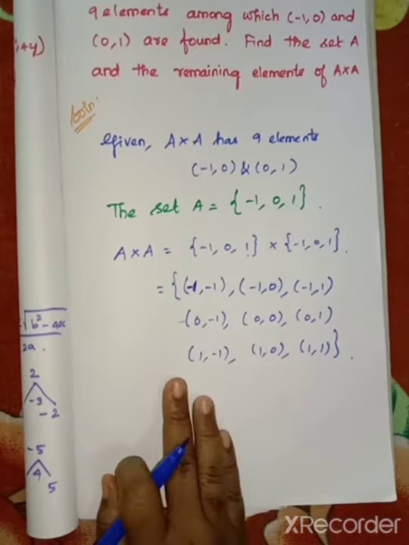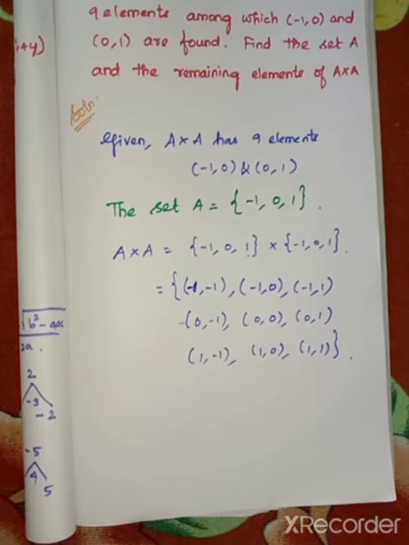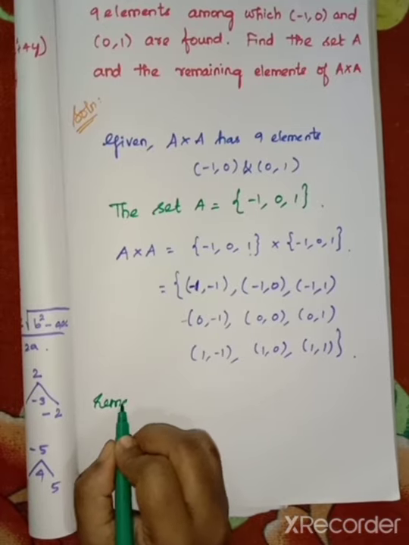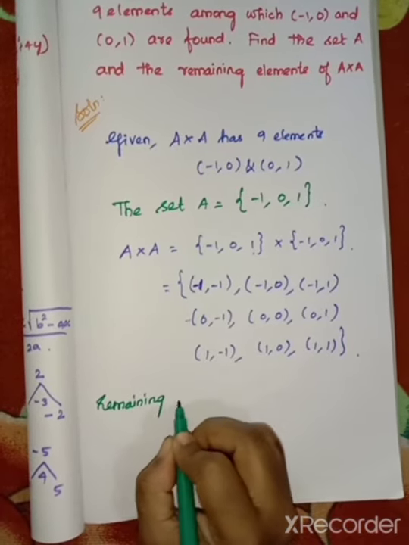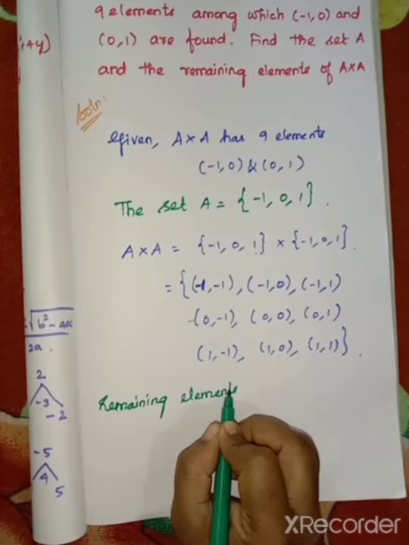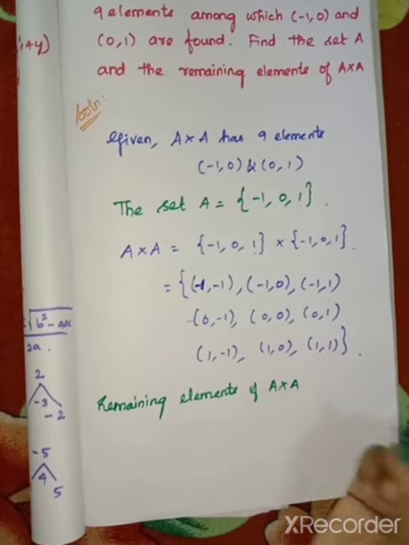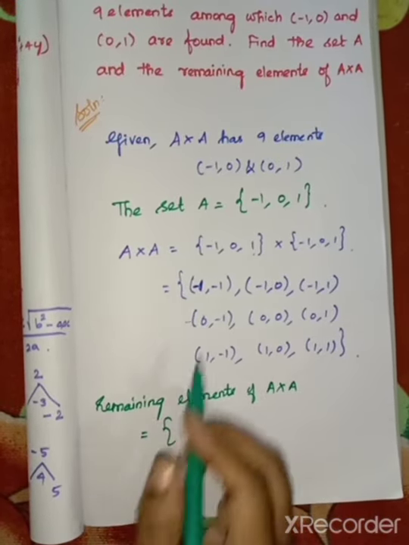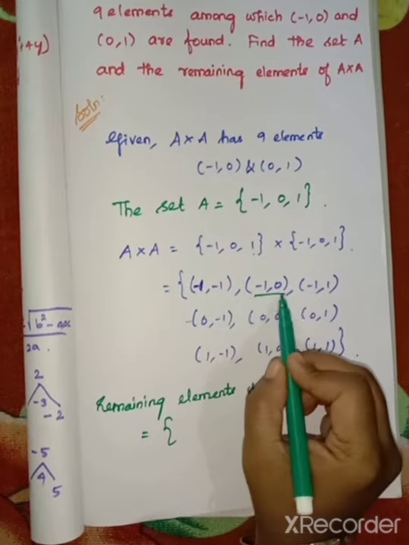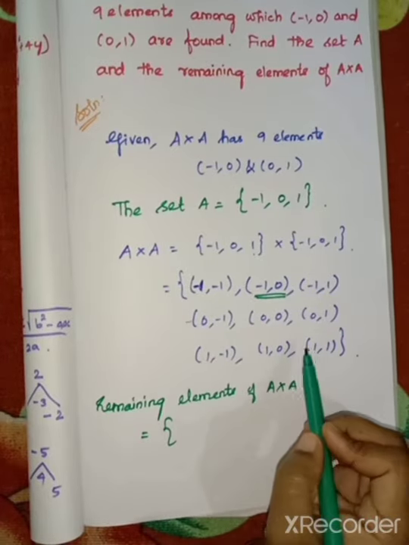So they ask for the remaining elements. You can write the remaining elements because the 2 pairs are given. The remaining elements of A cross A are equal to the set of, what is given? Minus 1, 0 is given and 0, 1 is given.